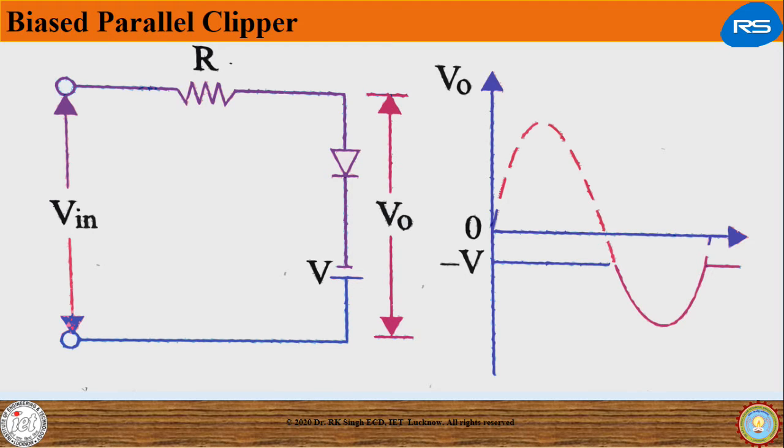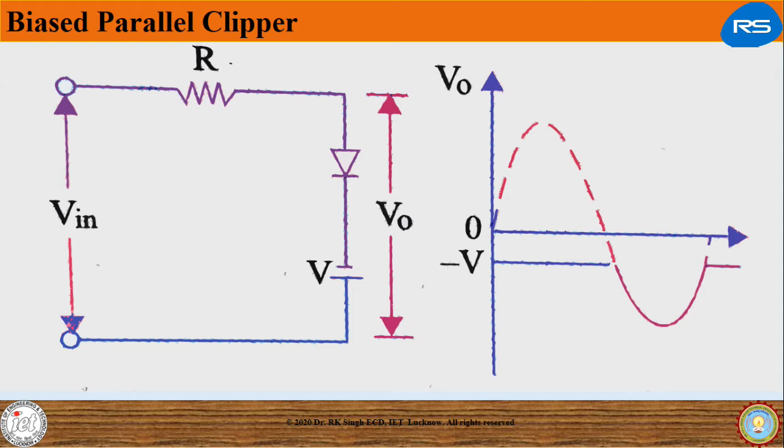We get a fixed output V. As Vin increases beyond this DC power supply, the diode becomes forward biased. When Vin is more negative than this DC bias voltage, this diode goes in off condition and we get output as per the applied input signal.